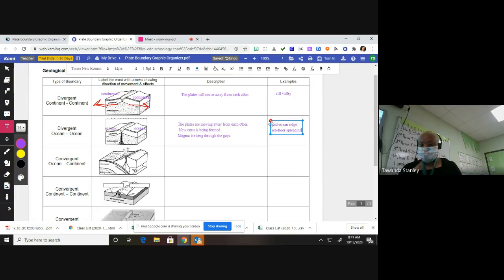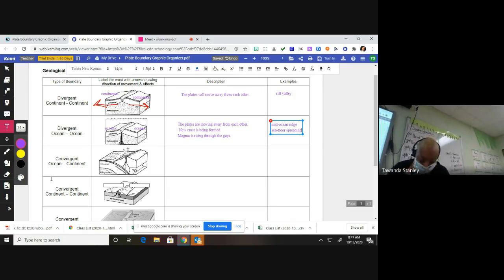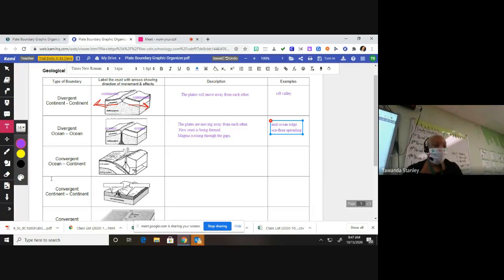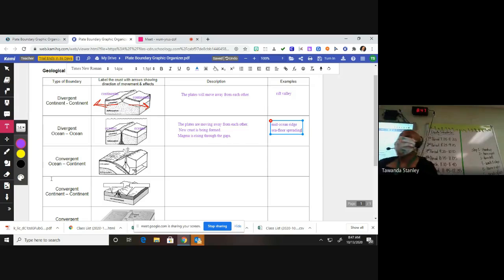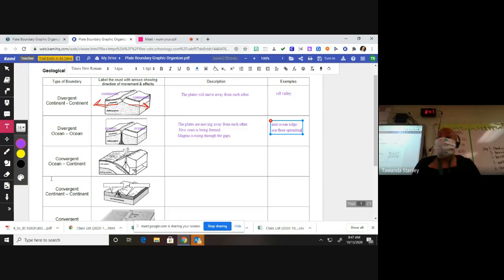Okay, next we're going to talk about a different boundary. Now, with this one, we're talking about a convergent boundary. And so, with this one, we have a convergent ocean to continent. So with this one again, we have convergent and we have oceanic and we have continental.